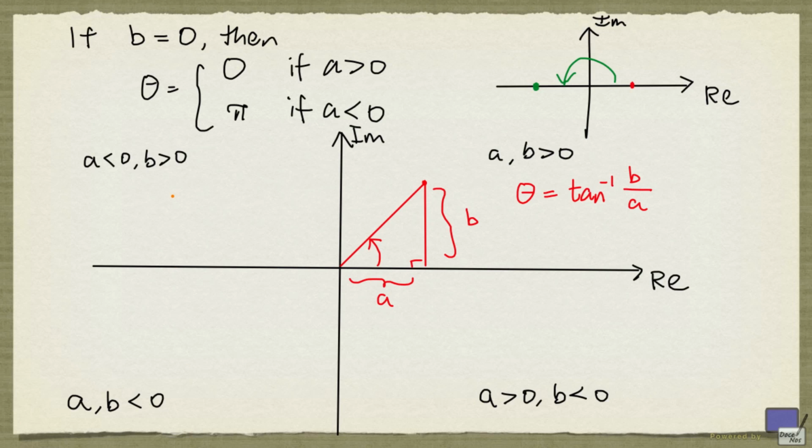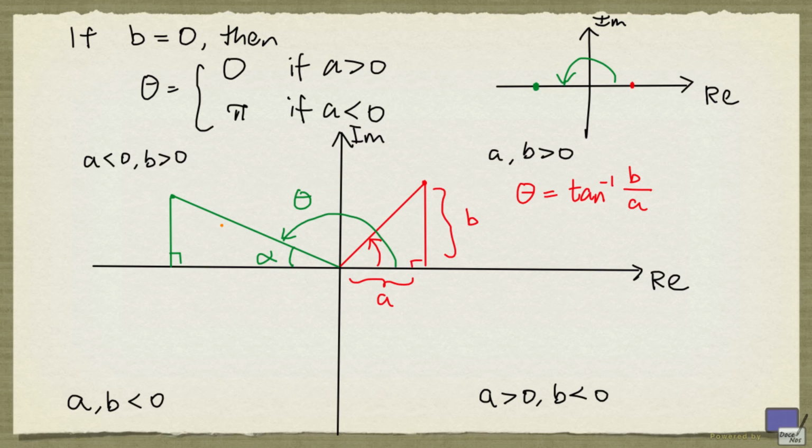What if our complex number is here, where a is negative and b is positive? Again, we draw a right angle triangle like this. Now, we're going to first find this angle alpha. In reality, theta is simply pi minus alpha.